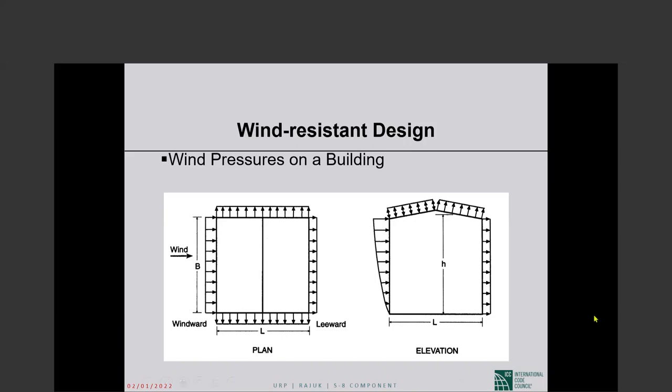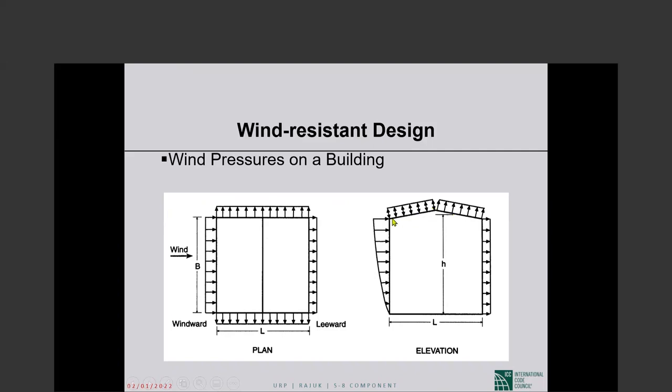So the leeward face is designed for a constant suction that is evaluated at the mean roof height level, the height to the point halfway between the eave and the ridge. The leeward roof is designed for suction evaluated at the mean roof height level.